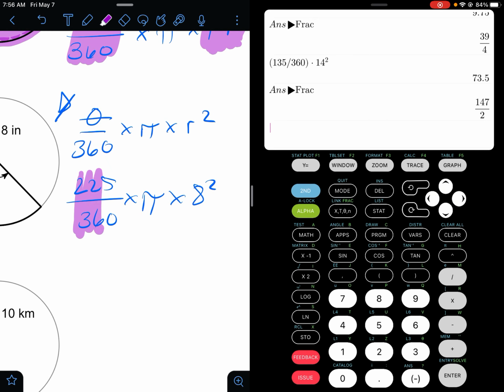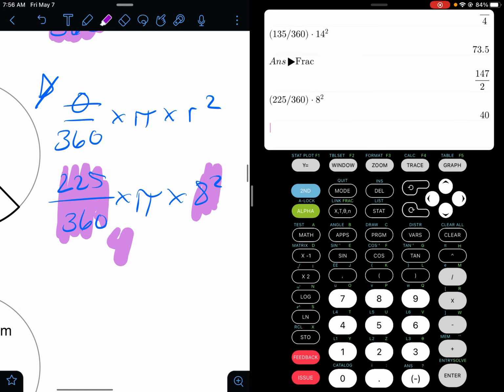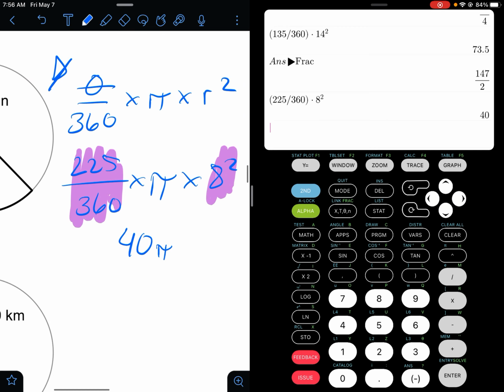Plug these in. So I'm going to do 225 divided by 360 times 8 squared. And I get 40. So it's just 40 pi inches squared. Awesome job.